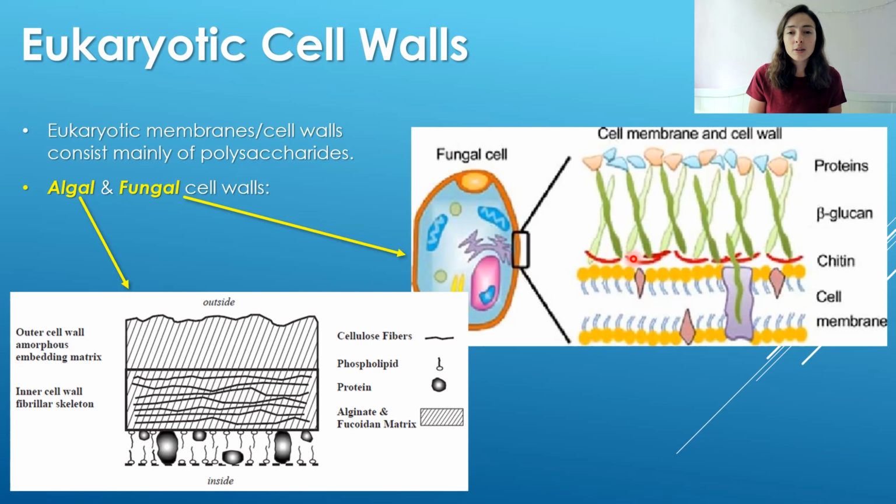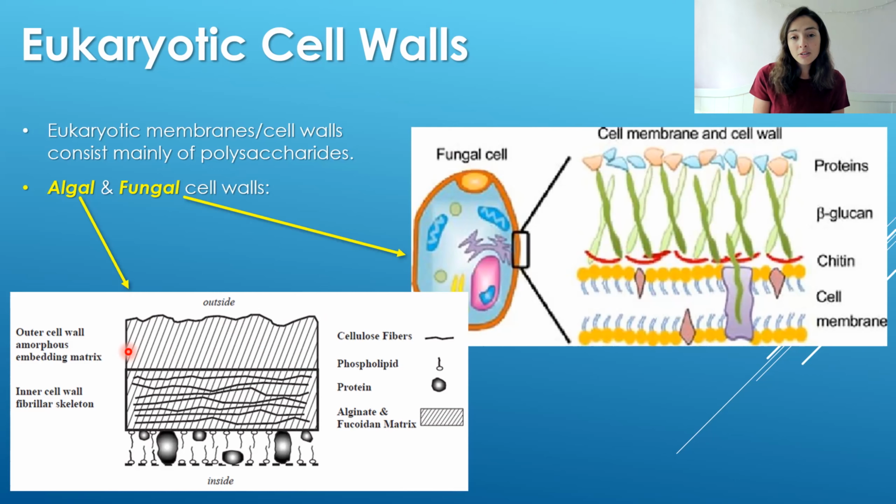So let's talk a little bit about their cell walls. Algal cell walls have a skeletal layer of inner cell wall fibrillar skeleton, shown here, with cellulose fibers in a matrix of alginate and fucoidin. I hope I'm saying that right. And within that, they have their plasma membrane, and the outermost layer is an amorphous embedding matrix layer.